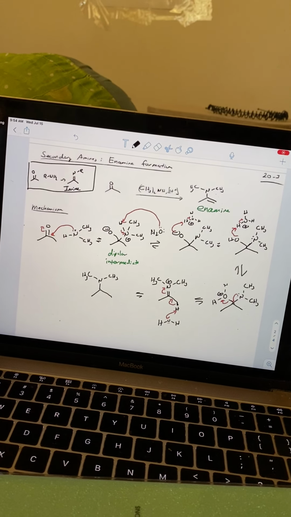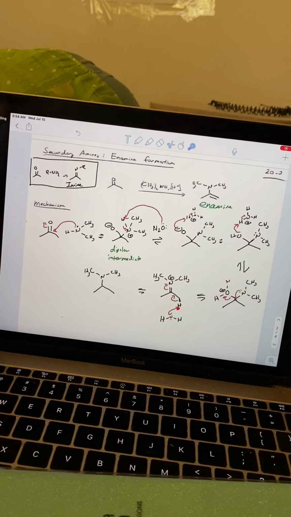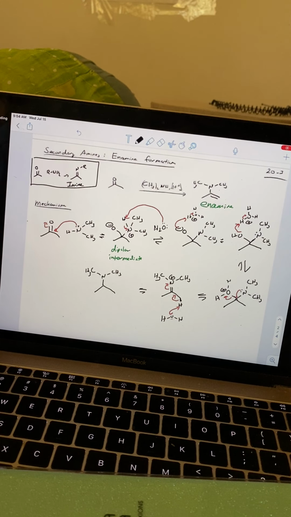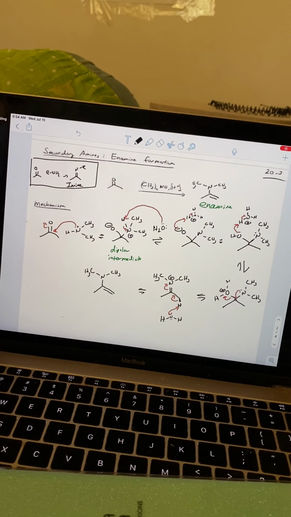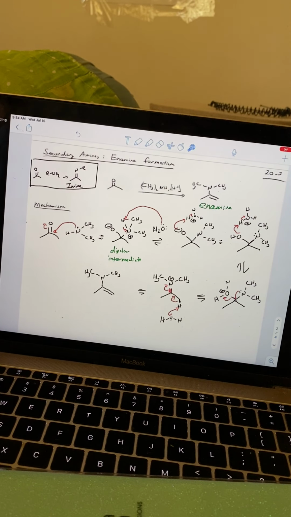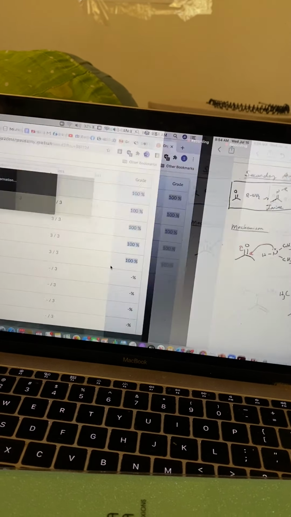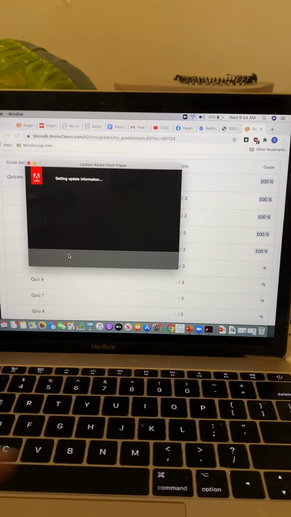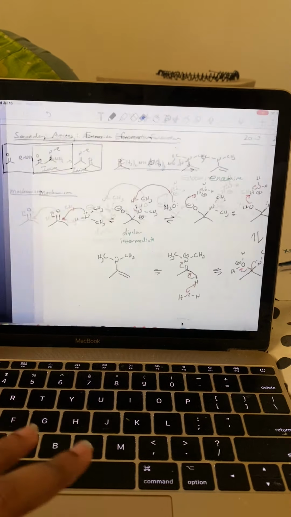So what we're doing here is we're taking this proton off, forming a carbon-carbon double bond here, and then we're taking the electrons here, we're removing the formal charge, or we're putting electron density onto the nitrogen, which will then make that nitrogen neutral.